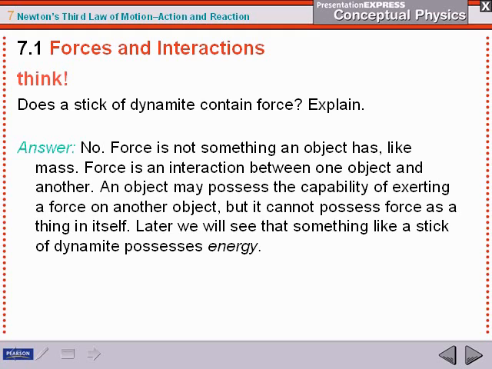When you eat something or you put gas in a car, you're giving it energy so that it can later convert that into a force, say, running, or for a car to move by turning its wheels. In this case, the dynamite can cause a force, but it has to possess energy to create that force.